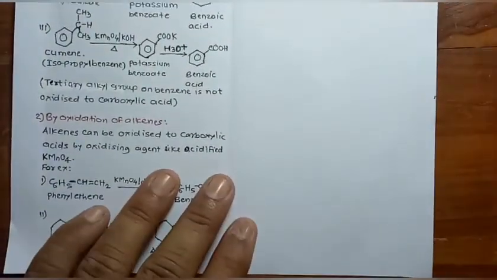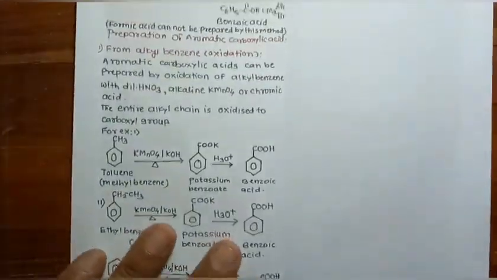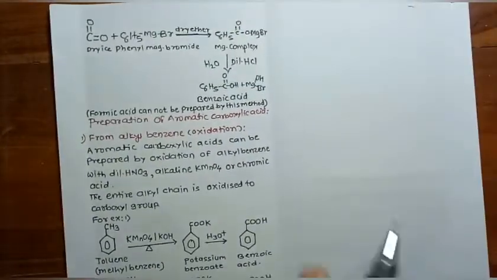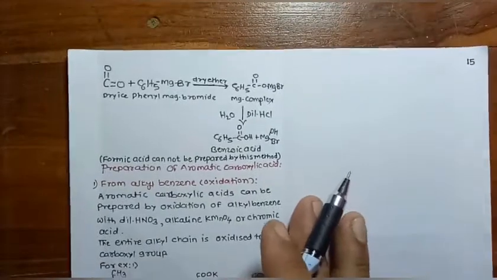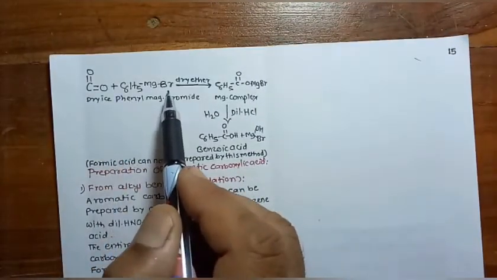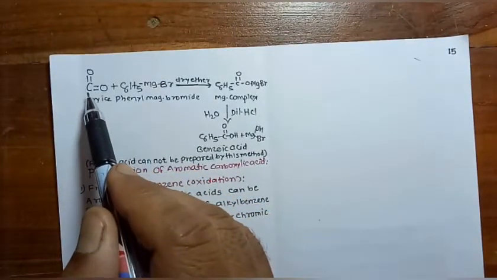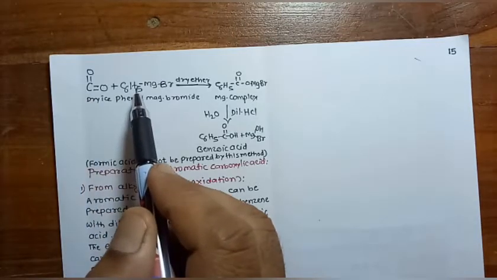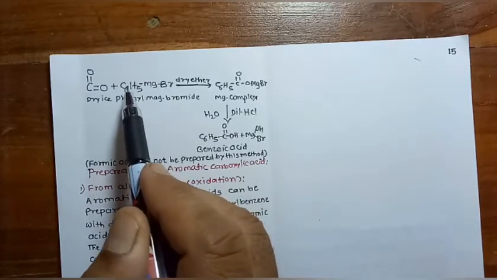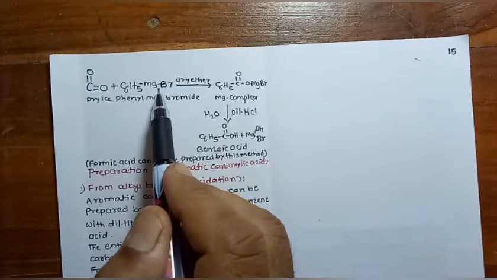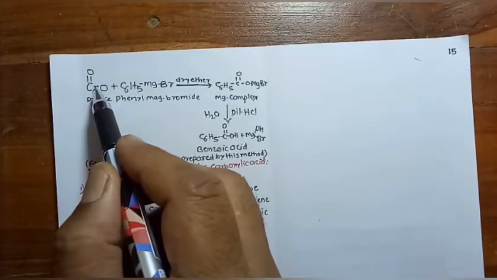Here I have taken one more example. By using this method we can prepare aromatic acid also. For that purpose we have to take phenyl magnesium bromide, and CO2, dry ice, remains as it is. Again the bond between carbon and oxygen breaks.